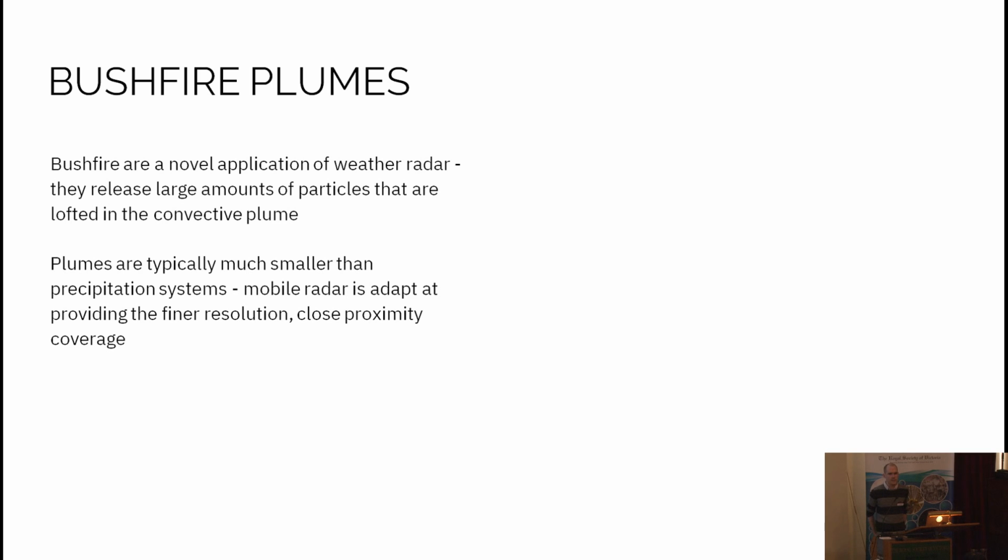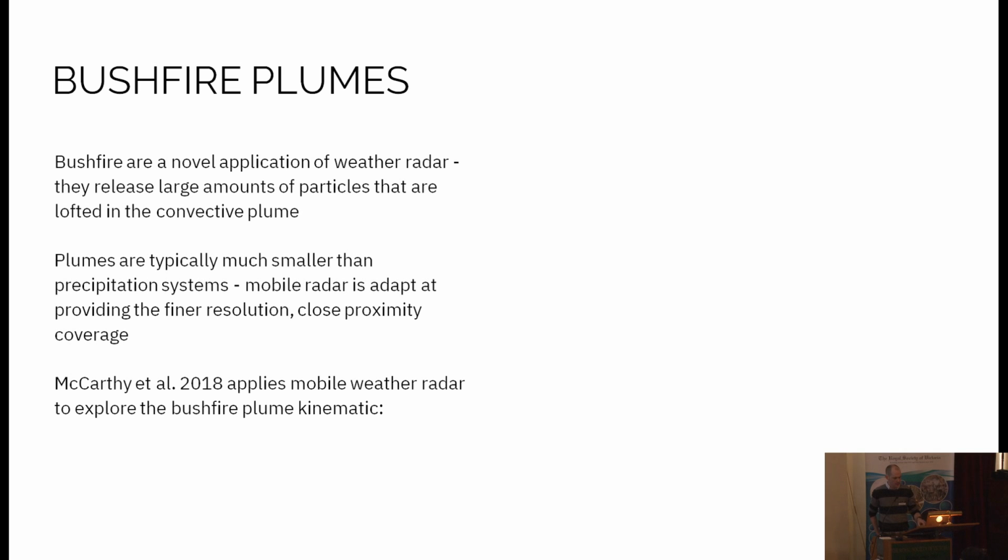They'll just show up as a series of pixels here and there, but typically they're stationary and much easier to identify. However, we can get a lot closer and sample them much better by using technologies such as a mobile weather radar. So Nick used one of these mobile weather radars to explore the kinematics of bushfires, and this includes looking at the updrafts.